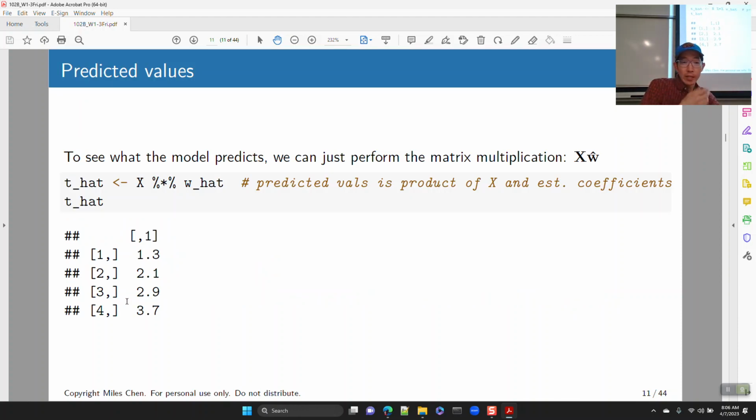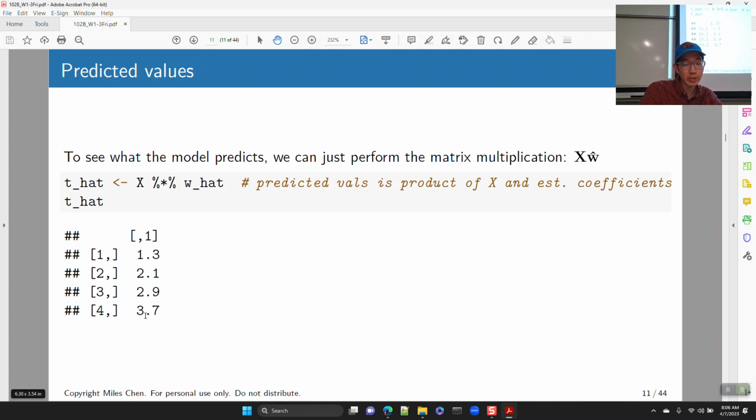Okay. If we wanted to see what our model predicts, we could take our X matrix and multiply it by W hat. These would be our predicted values, our T hats, so X times W hat, X again being n by 2, W hat being 2 by 1, so n by 2 times 2 by 1 is going to give you n by 1. We get a predicted value for each of our n observations.